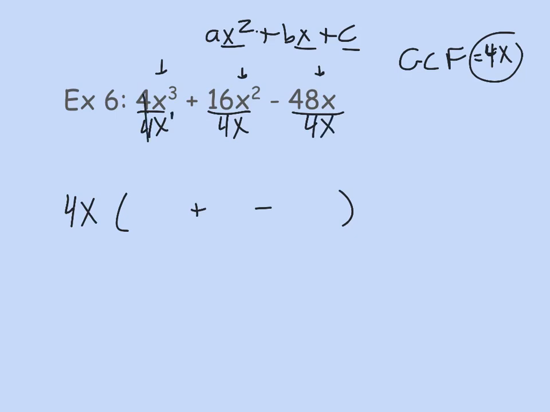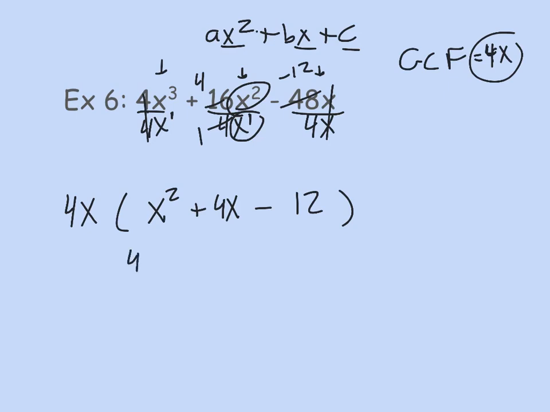X cubed over x to the first, 3 minus 1 is 2, so that's just going to be x squared. 4 goes into 4 once, 4 goes into 16 4 times, so that's going to be 4x, because the x squared divided by x, you'd be left with an x there, so that's 4x. Here the x's cancel out, and I get negative 48 divided by 4. Well, 4 goes in there negative 12 times, so that's minus 12.